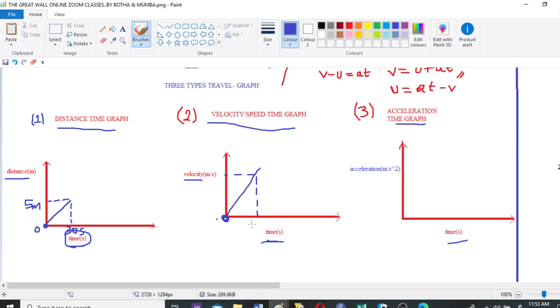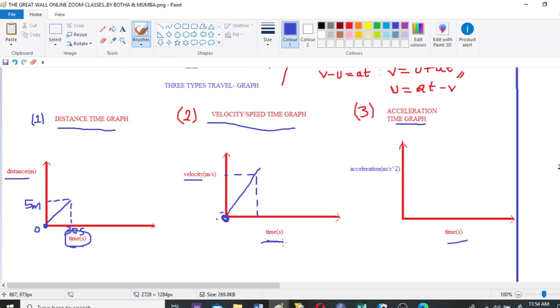As that time was being spent, the object changed its position from position 1 to position 2. The rate at which the object has changed position is what we refer to as velocity. Because we consider this velocity against time, it is called the velocity time graph.